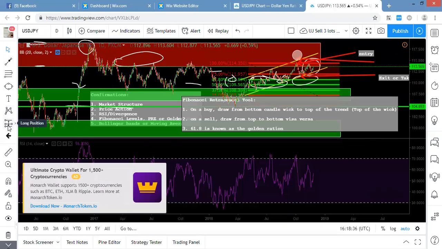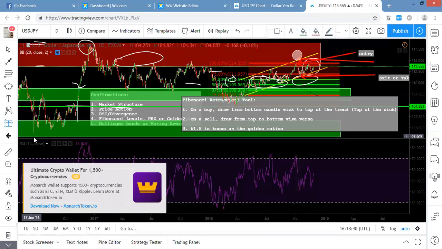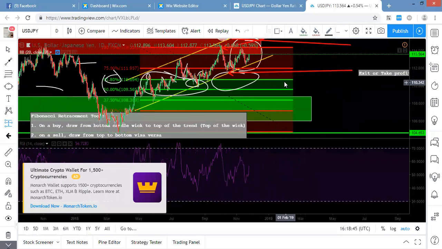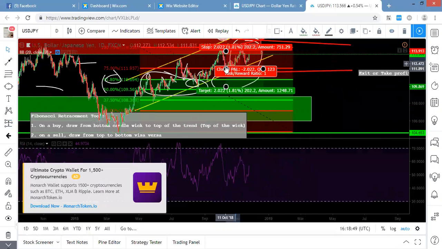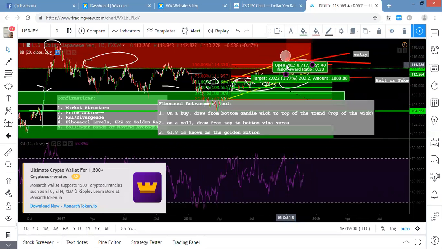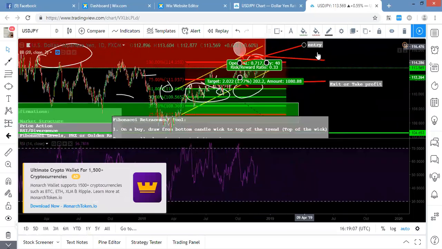Now you're going to learn how to use this tool, which is called, we're going to use the short position to go ahead and measure our risk to reward ratio. Now, this middle bar goes to your entry. So this middle goes to your entry. And this top one, where did it go?